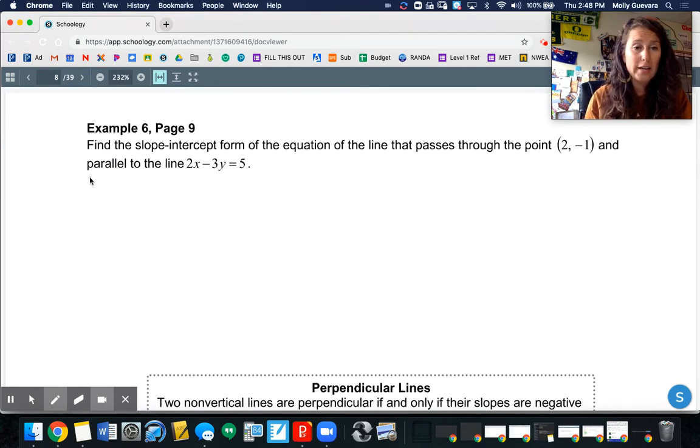I can find the slope by solving for y. So I'm going to subtract 2x. Right, so I get negative 3y is equal to negative 2x plus 5. And then I'm going to divide by negative 3.